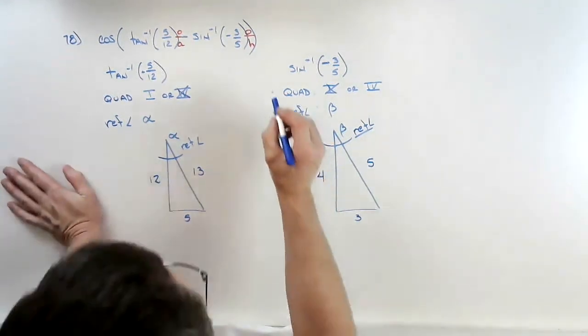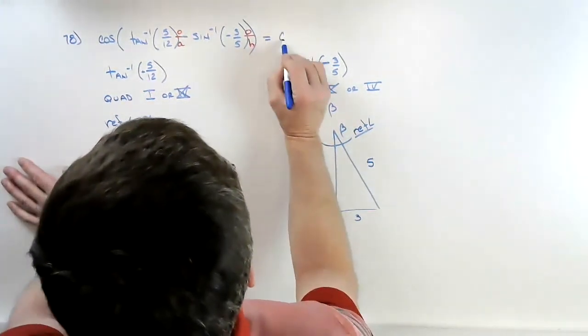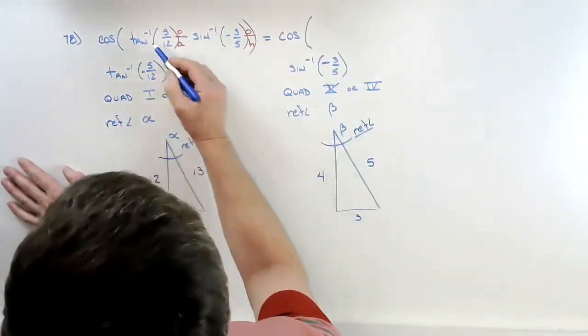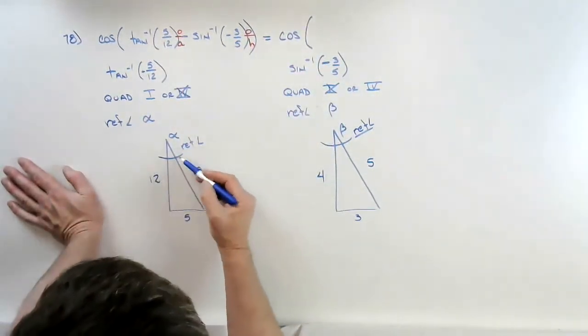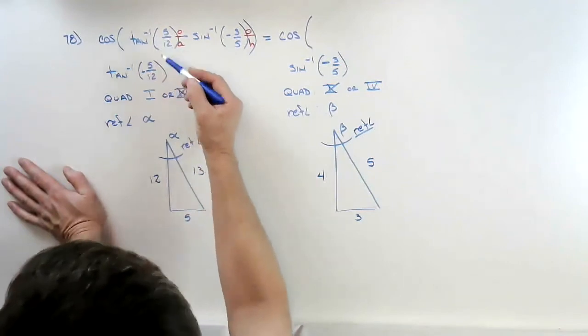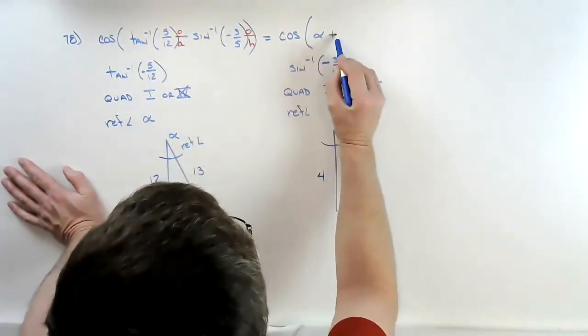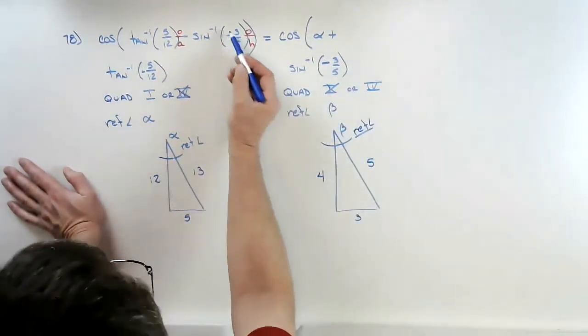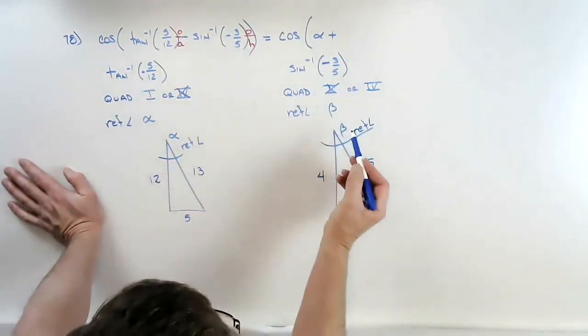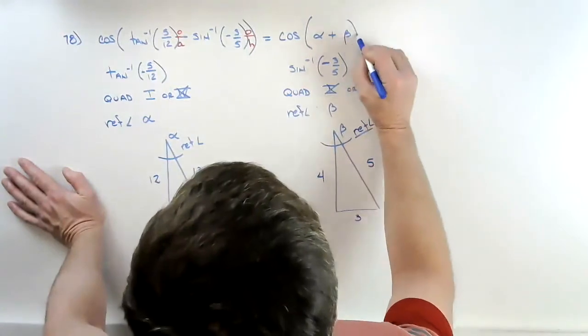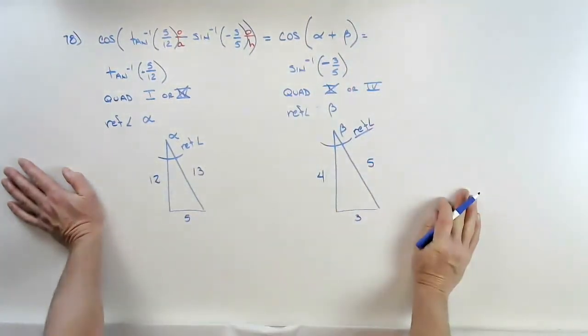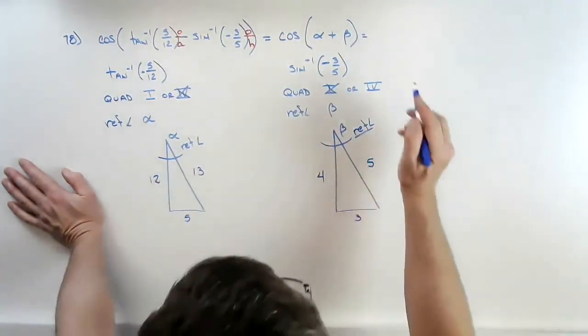So when I do this problem, I now have cosine. For the inverse tangent of 5/12, the angle I got is alpha. For the inverse sine of -3/5, the angle I got was beta. Now I'm left with an identity that I know how to find.